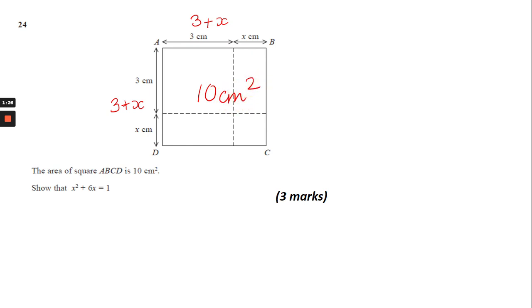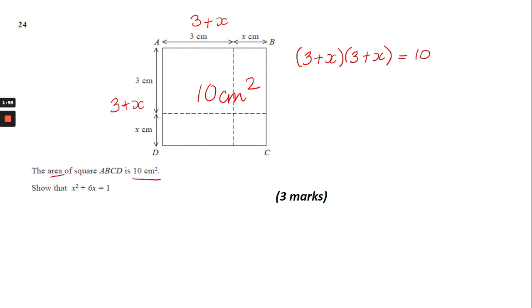Well, if we have 2 lengths, and given that they are algebraic expressions, we can just multiply them out, because the area of a square can be found by doing base times height or length times width. So if we have 3 plus x and we multiply that by the other length, which is 3 plus x, that will give us the area. And we know from the question that the area is equal to 10. So this whole thing is going to be equal to 10.